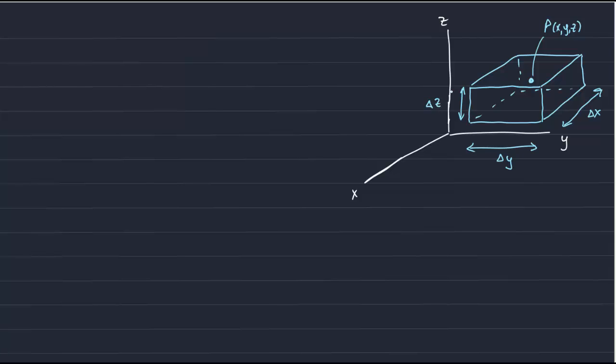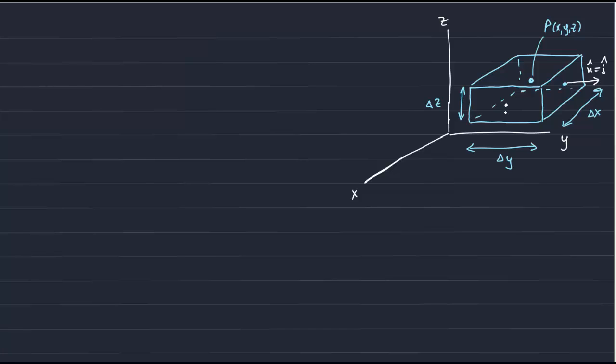And again, we have associated with every surface of this control volume a normal vector. So on this surface, the normal vector is pointing along the y-axis, and so this n hat is equal to j hat.